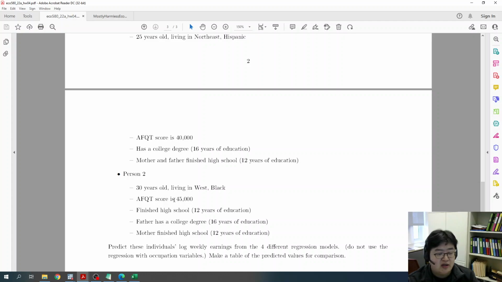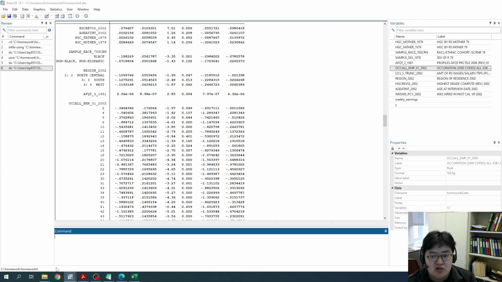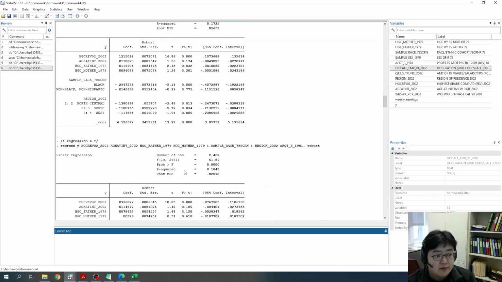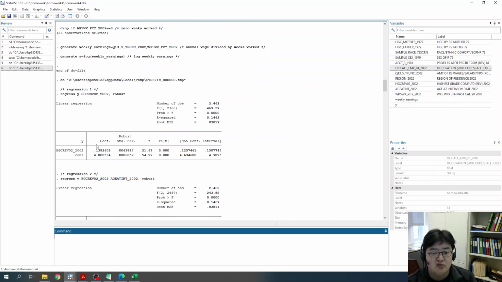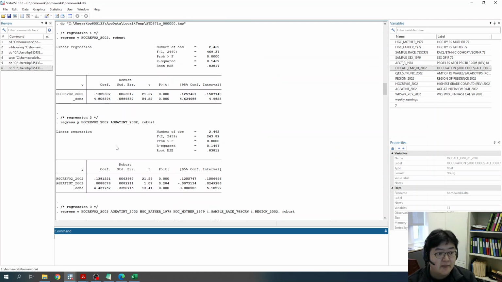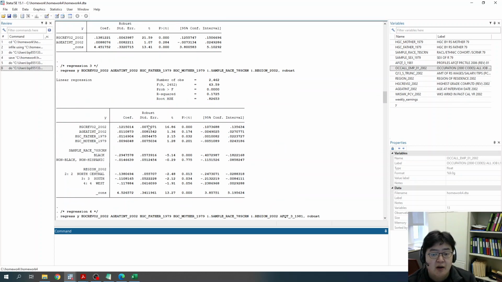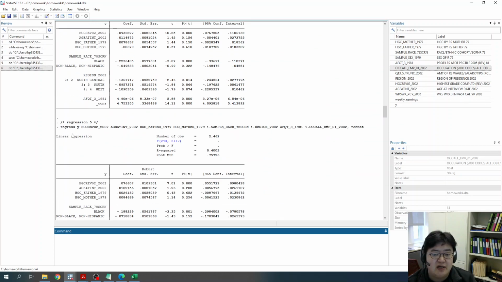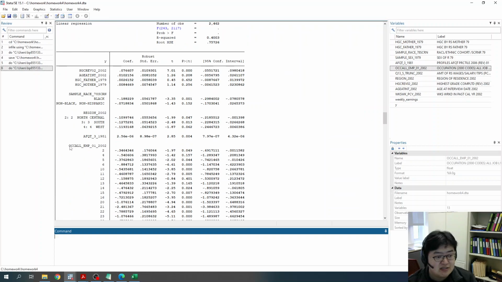AFQT score is 45,000. Finished high school. Father and mother have these education levels. And what you need to do is use the coefficients. Here you have coefficients from 5 different regressions, but you don't need the last one because the occupation is a little bit cumbersome.